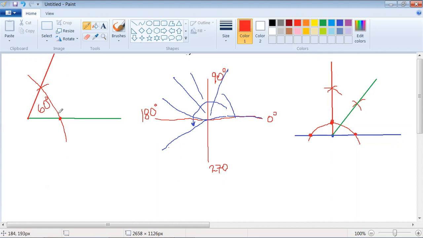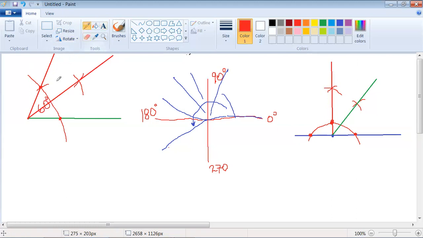Meaning from this point here, we create an arc here, and from this other point here, that's 60, we create another arc here, right? Then use a line command, use a line to intersect, to make sure it passes through the intersection point. And now we have a 30 degree right here.